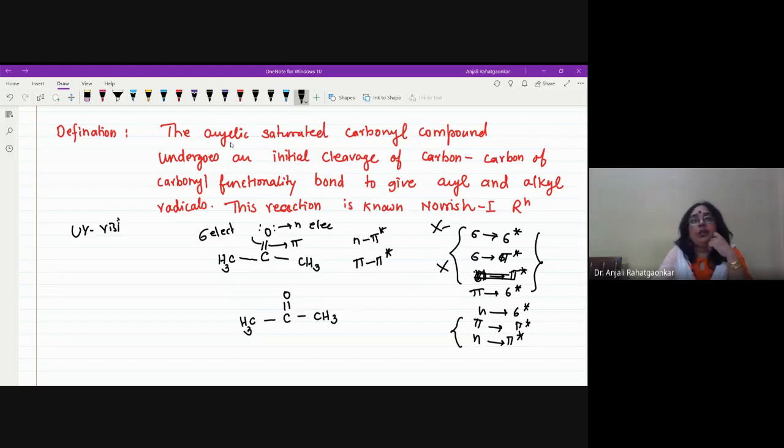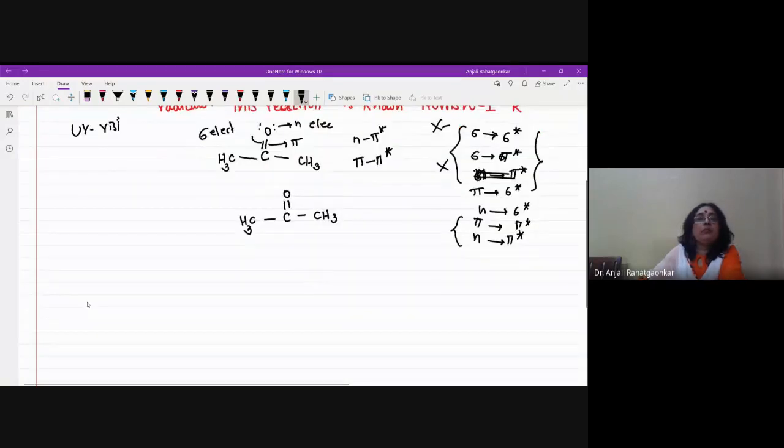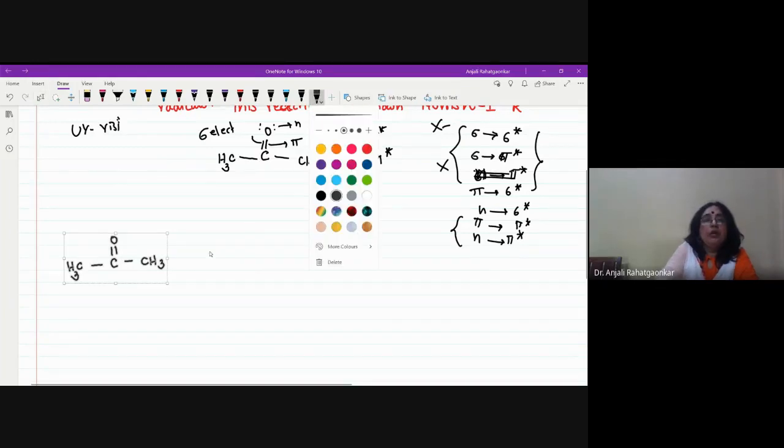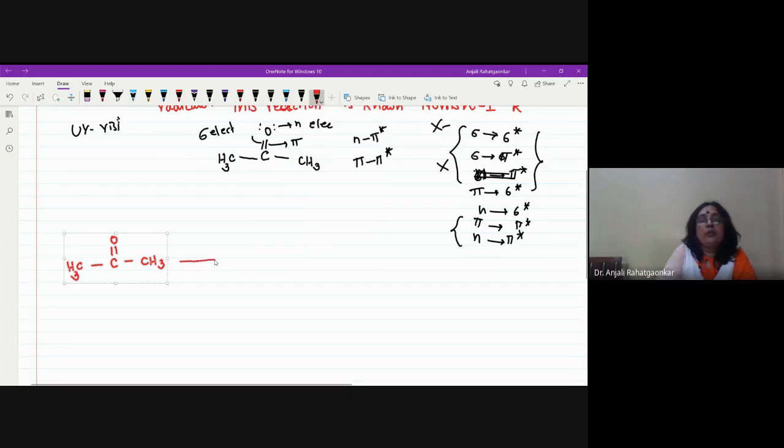The first condition is an acyclic saturated ketone, which undergoes the initial change I am doing here. This molecule is irradiated by h nu.